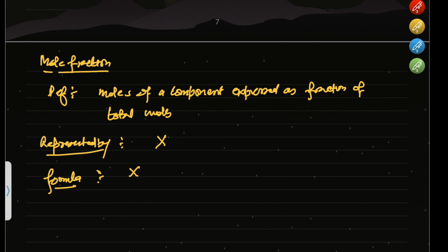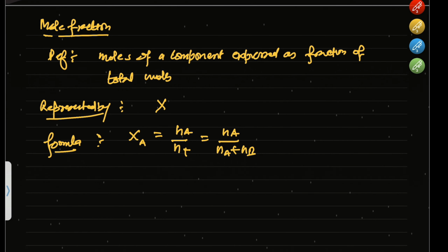The mole fraction of component A is equal to moles of A upon total moles, that is moles of A upon moles of A plus moles of B. The mole fraction of component B is equal to moles of B upon total moles, that is moles of B upon moles of B plus moles of A.